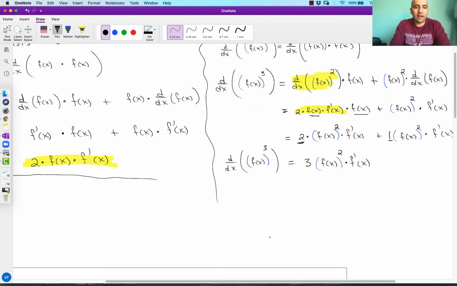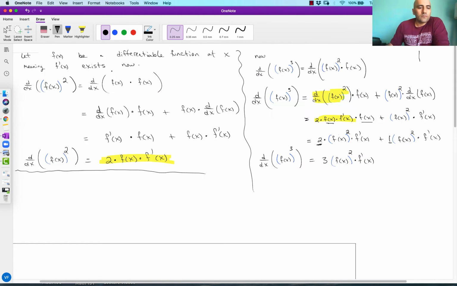So zoom back out and take a look at both of them. Okay, remember, all we are given is that f of x is differentiable. Its derivative exists, that's f prime of x. So based just on that, if we wanted to figure out the derivative of f of x squared, we can use the product rule, we do some work, and this is the answer we ended up with: the derivative of f of x squared equals 2 times f of x times f prime of x.